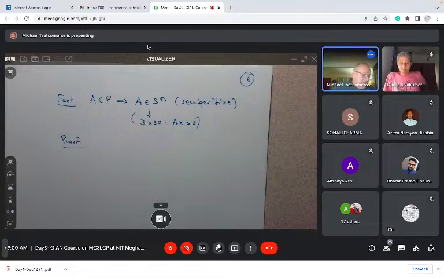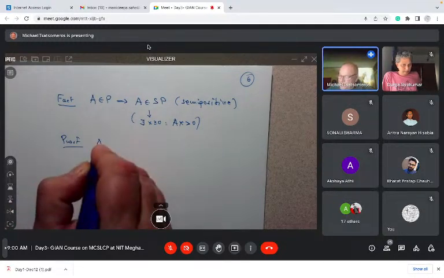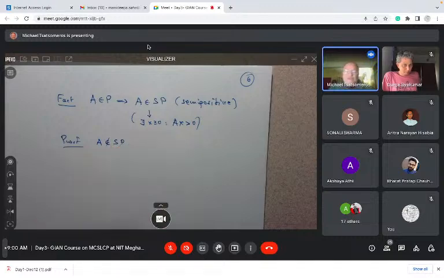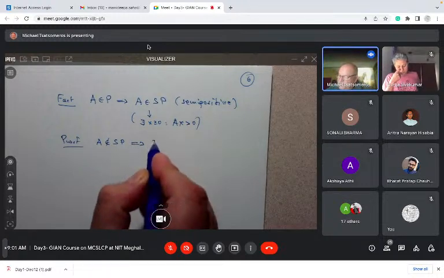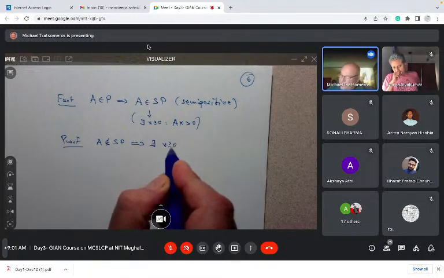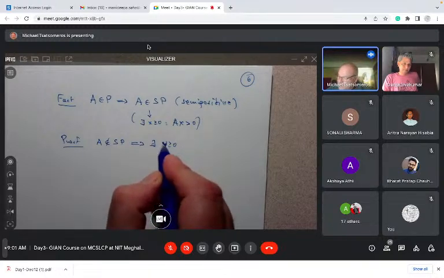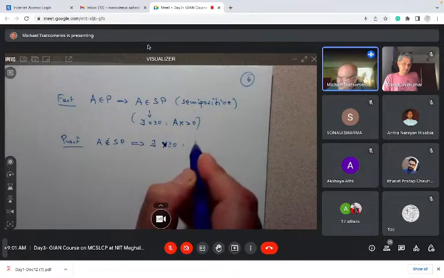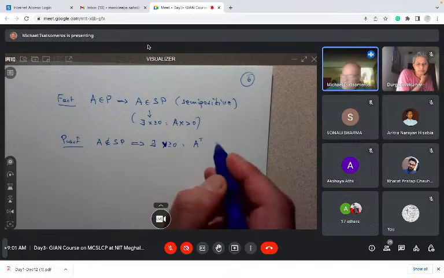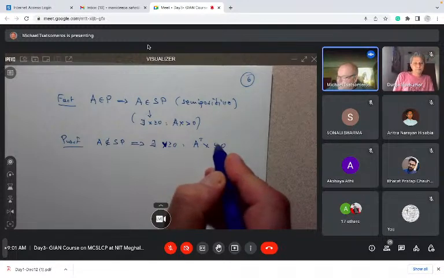I don't have time to go through it in detail, but in general, you prove the contrapositive. If A is not in SP, so for every non-negative x, A times x is not positive, that means there exists an x that's non-negative such that A transpose x is less than or equal to 0.